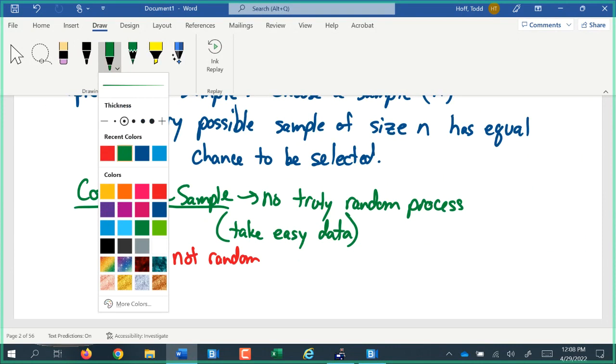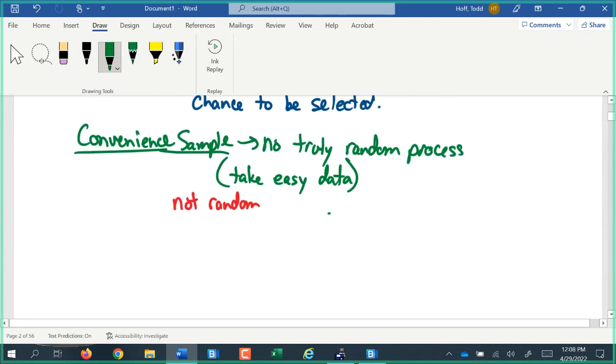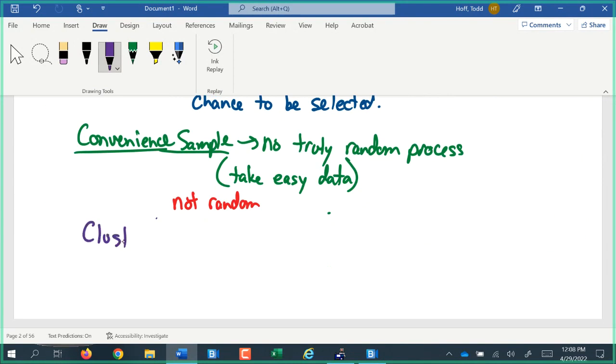The next type of sample we're going to look at is called a cluster sample. Now, these next two, the cluster sample and the stratified sample, are very similar in one way. We group the data, or we group the population. I'm going to word that a little bit differently.